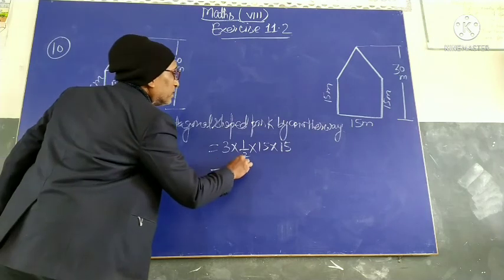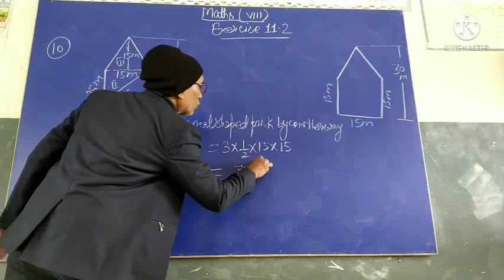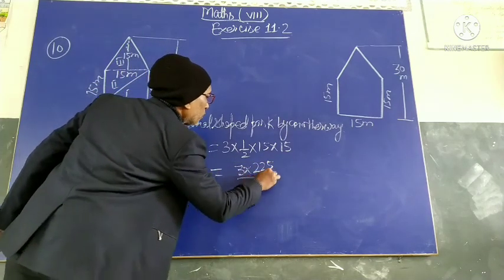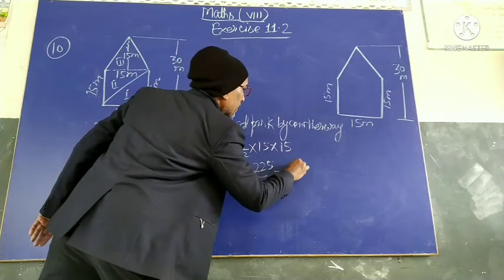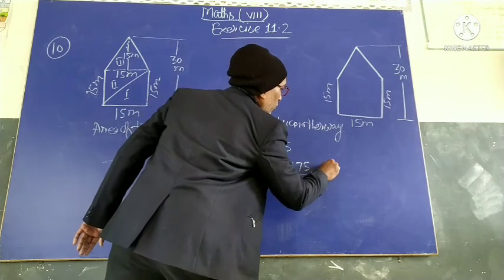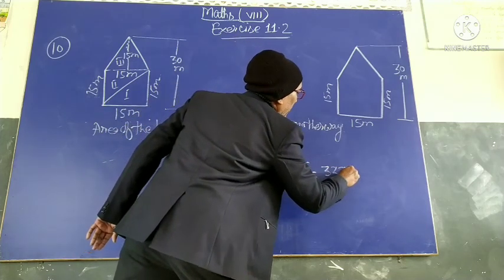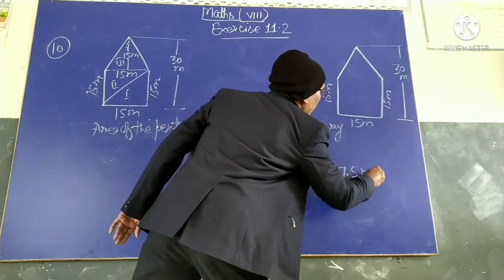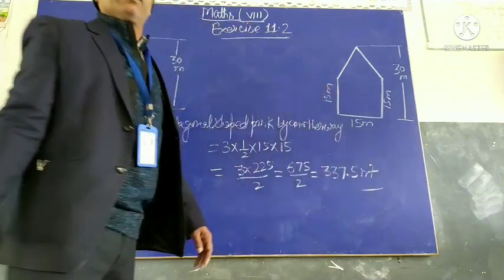That is 3 into 225 upon 2, that is 675 upon 2, which is equal to 337.5 meter square.